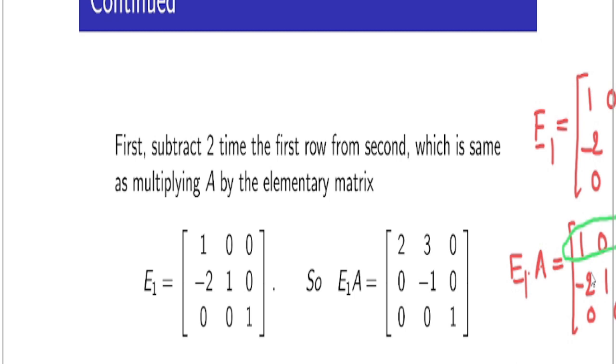Next is minus 2 into 2 plus 4, which is 0, and minus 2 into 3 plus 5, which is minus 1. Multiplying the last row by the first column, we get 0, and similarly 0 0.